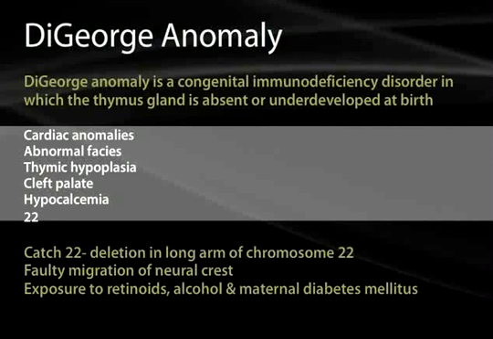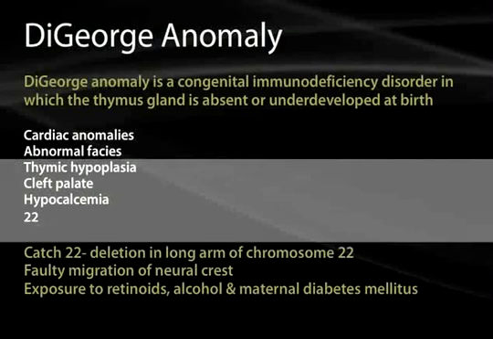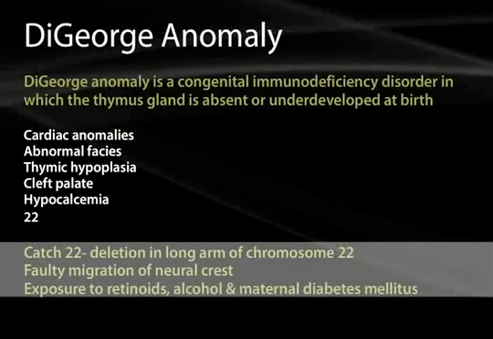That means that there's going to be cardiac anomalies, abnormal faces, thymic hypoplasia, clefting of the palate, and hypocalcemia. And all of this happens on the 22nd chromosome.